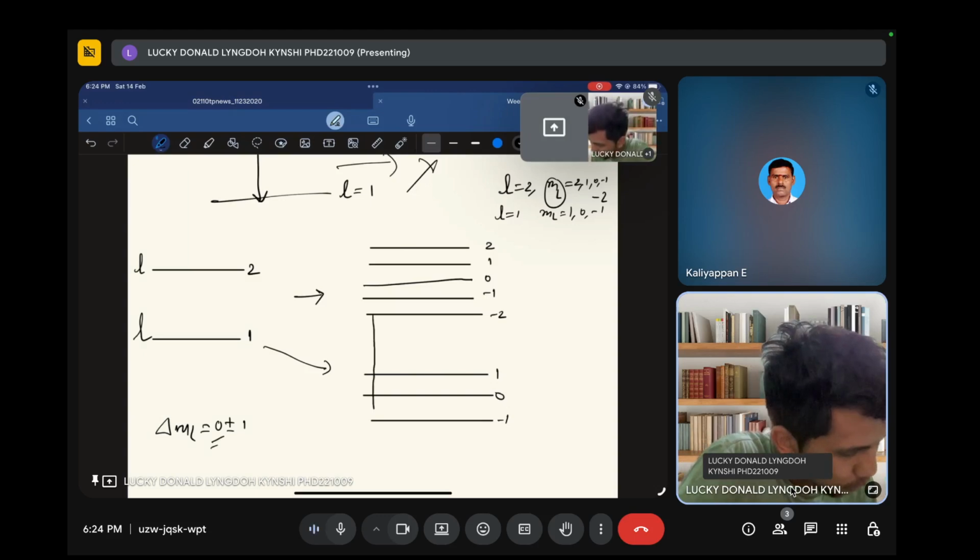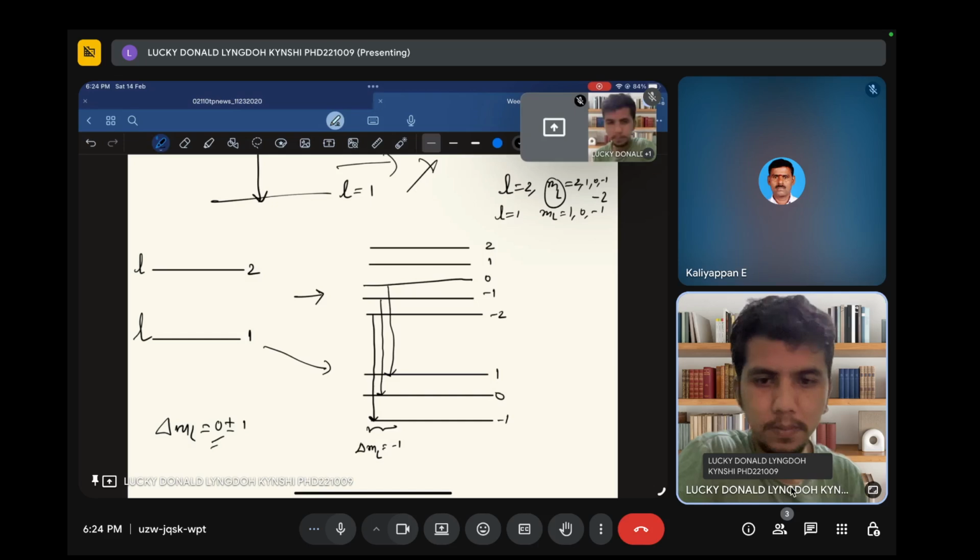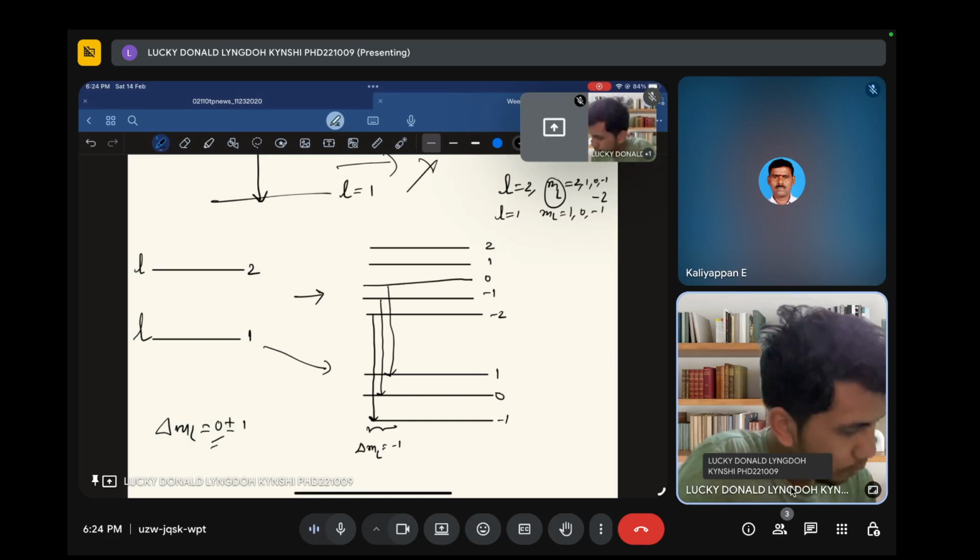That is one transition, because minus 2 plus 1 gives minus 1, so delta ml is equal to plus 1. Then minus 1 to 0, and 0 to 1, also delta ml equal to plus 1. Next, minus 1 to minus 1, 0 to 0, and 1 to 1. This is delta ml equal to 0.